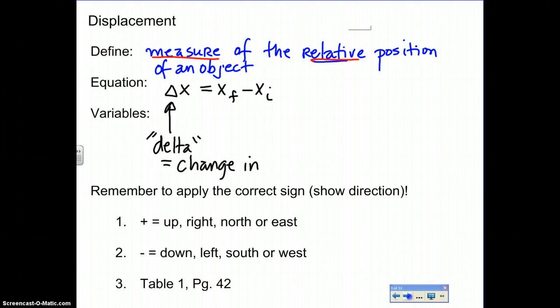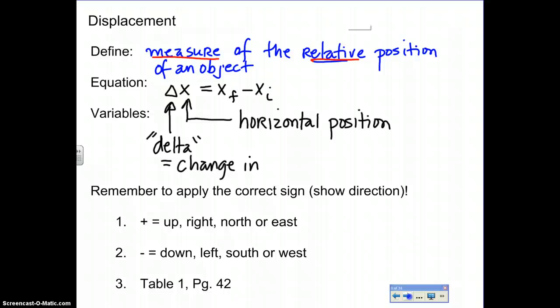And what we see here with the letter x, this means horizontal position. In other words, on the x-axis, if we had a number line that described things moving left and right, its position on the number line would be denoted with the variable x.